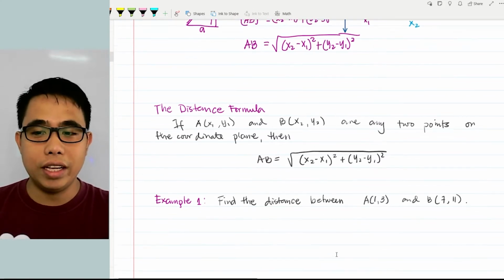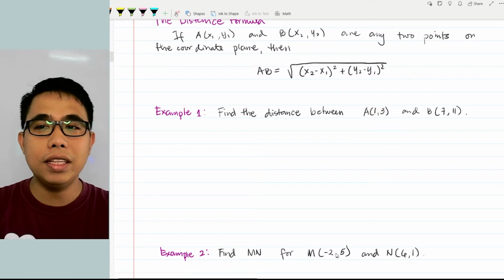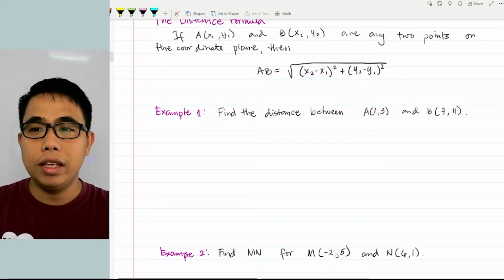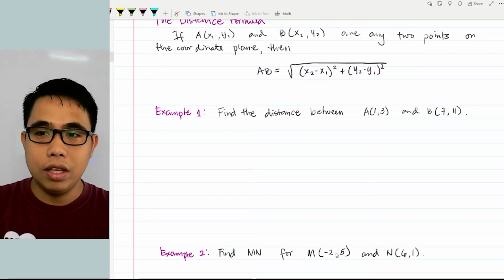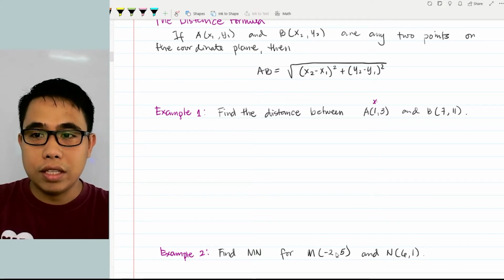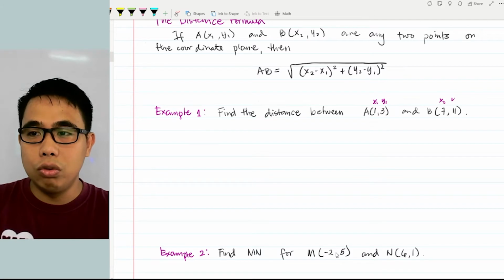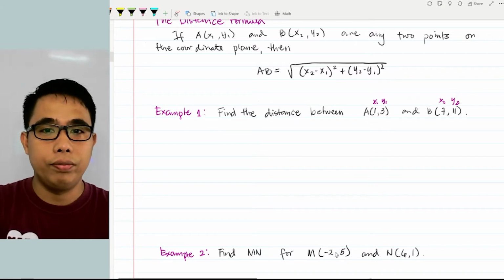Let's have an example. Find the distance of point A with coordinates 1, 3 and point B with coordinates 7, 11. So we consider the coordinates of A to be x sub 1, y sub 1, and the coordinates of B to be x sub 2, y sub 2.